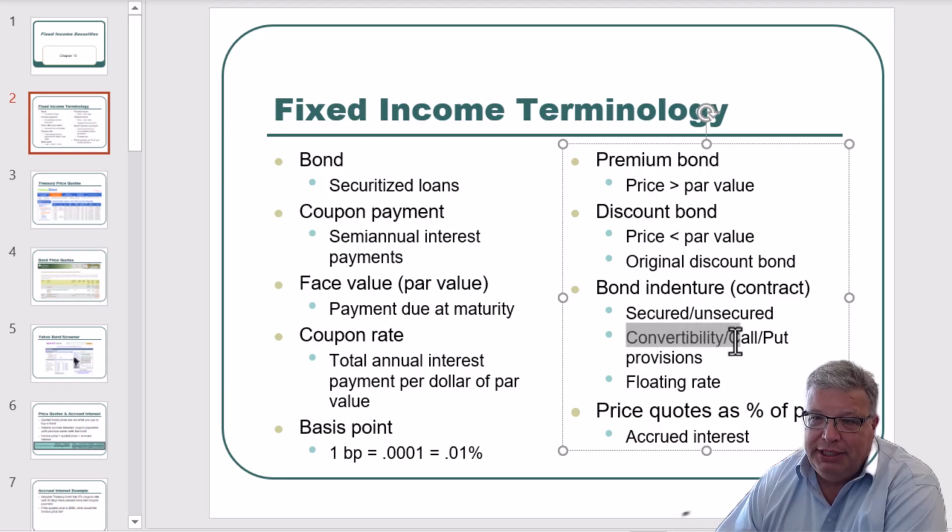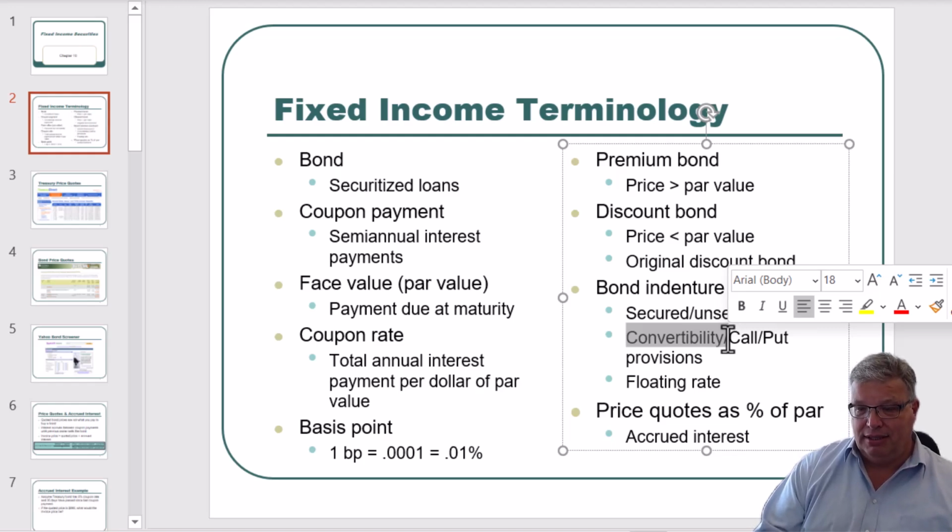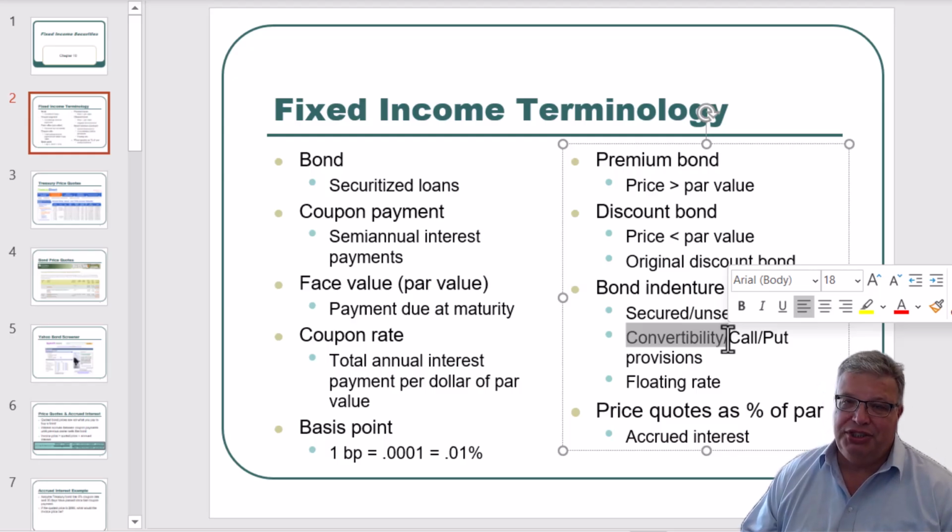Convertibility basically means that a bond has the right to be converted from a bond, from a loan, into a certain number of shares of stock, of equity.